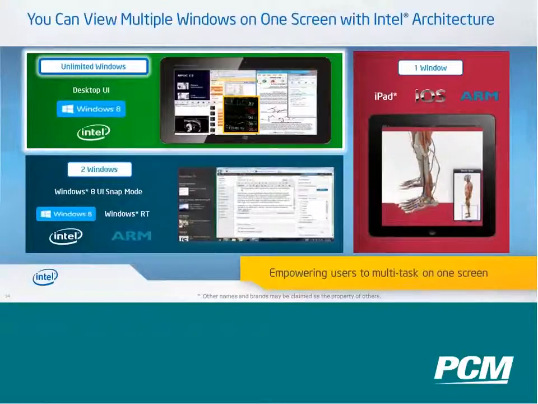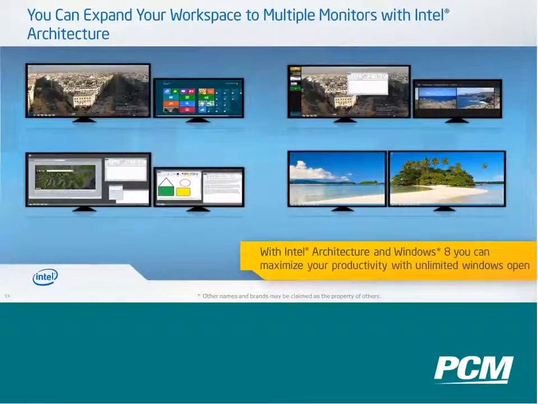So, I did mention the multiple monitors. This gives you an idea, once again, of what it looks like when you have unlimited windows and can have multiple things showing. The key thing I tell you is that with Windows 8 Pro specifically, those tiles all represent different windows that you can bring up. So when I'm thinking about multiple monitors, you want to have that.